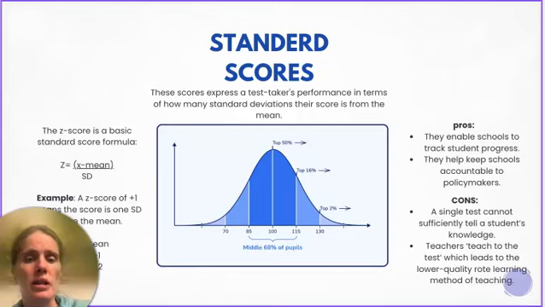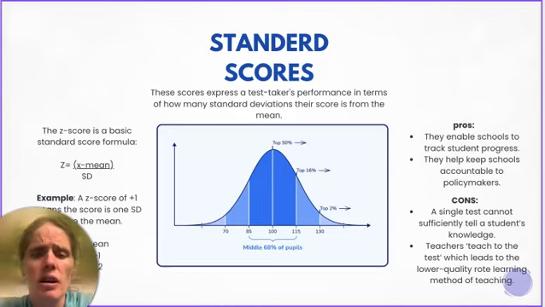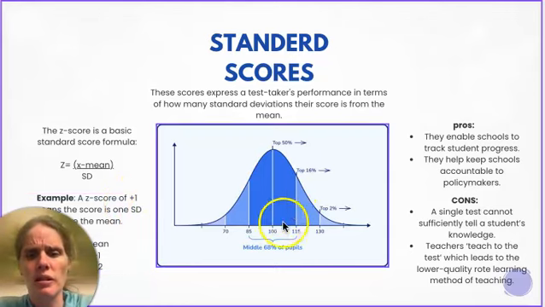So the mean is 100, and it's like 1 deviation or 2 deviations away from the mean. So you can see it representing here with the +1 or +2, and here would be the 100, and then this would be +1, this would be +2. Or backwards, -1, -2.